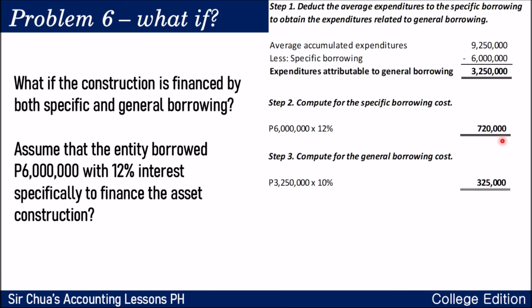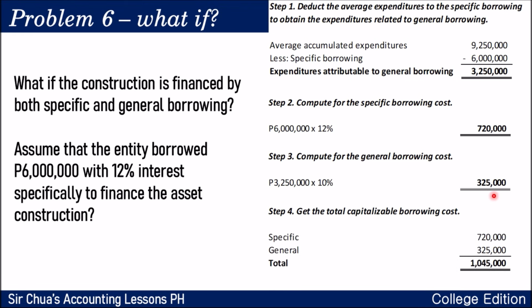Okay. And then step 3 is to compute for the general borrowing cost. Okay, paano kunin yung general borrowing cost? 'Di ba ito pong 3,250,000 yung para sa general borrowing natin? Multiply lang po natin dun sa weighted average percentage or interest rate po natin kanina na nakuha, which is 10%. Okay, so the general borrowing is 325,000.